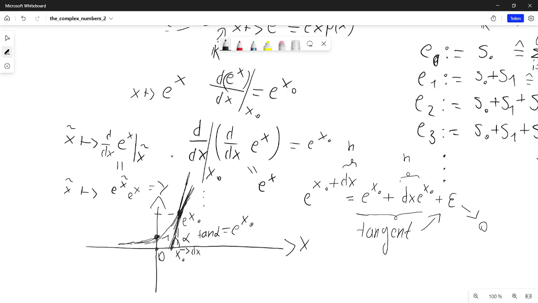A little bit funny is how e^x0 would be negative, because I have not drawn it exactly. Of course, it will be like that, right? The slope would be certainly... well, actually, no, because the slope would be certainly bigger than 1, right?